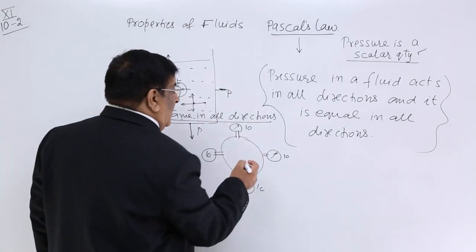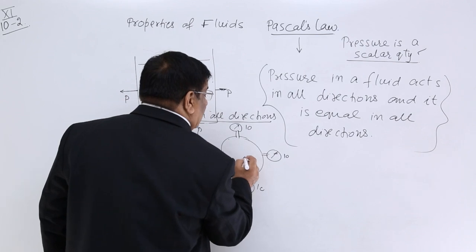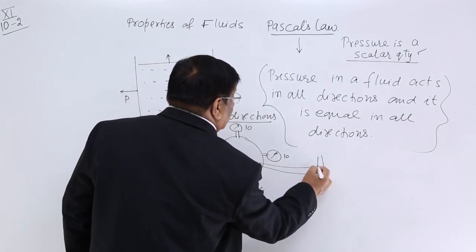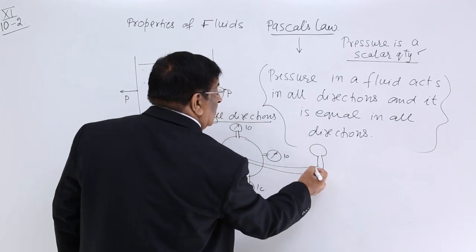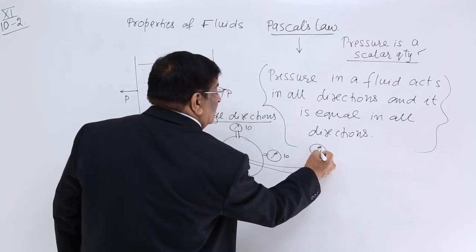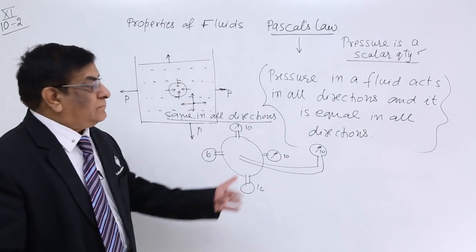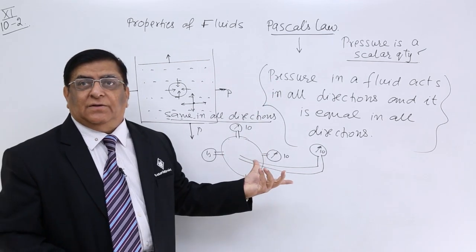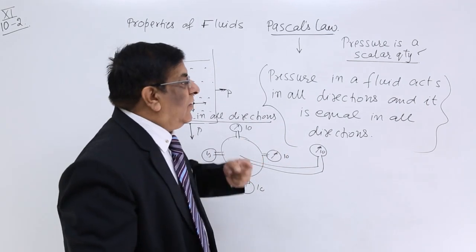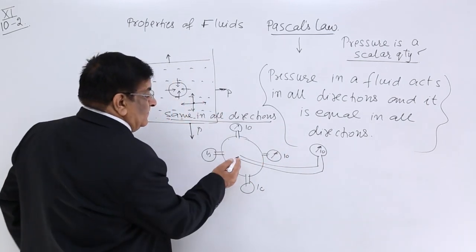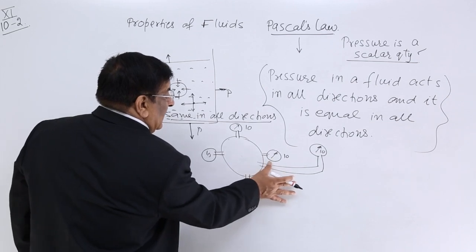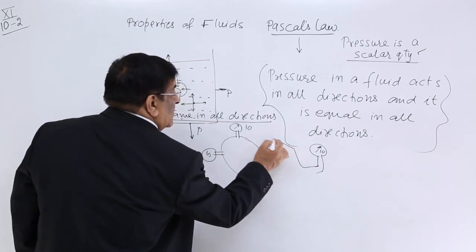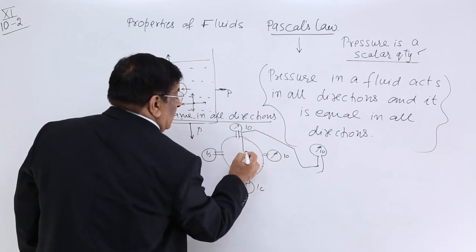Now if I insert a gauge here like this and put a gauge here, this will also show 10. So this is Pascal's law in all the directions. Now suppose I change this pipe and I bring this pipe this way.